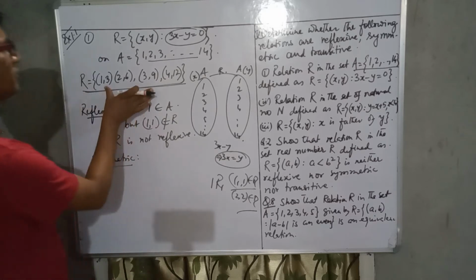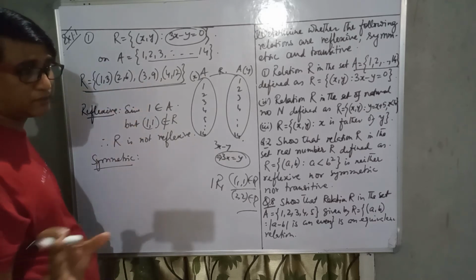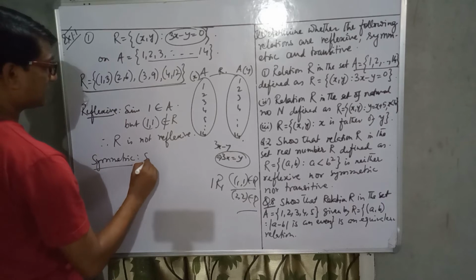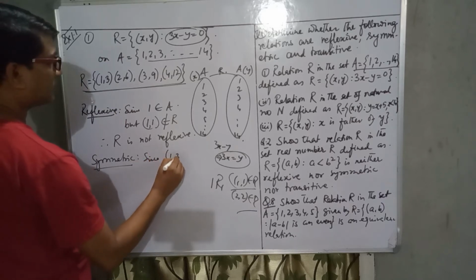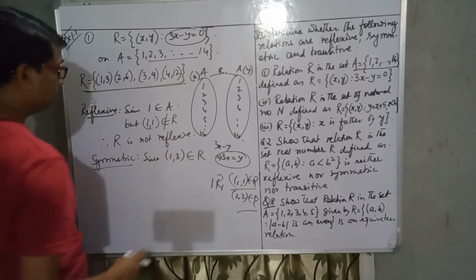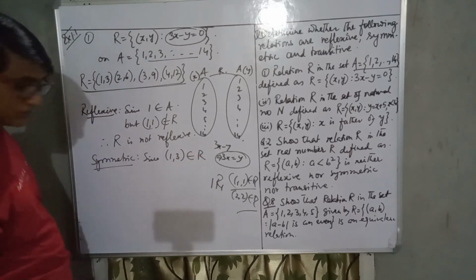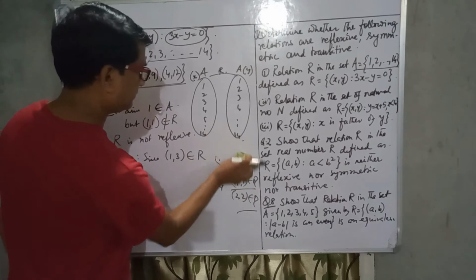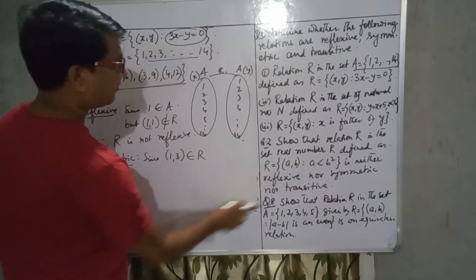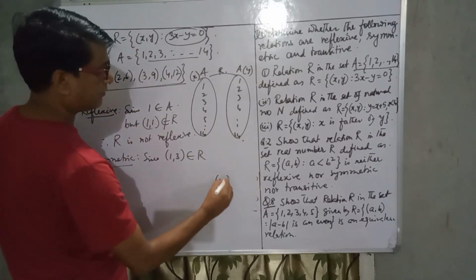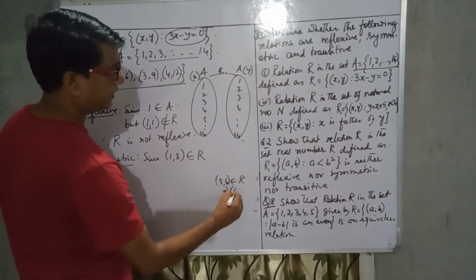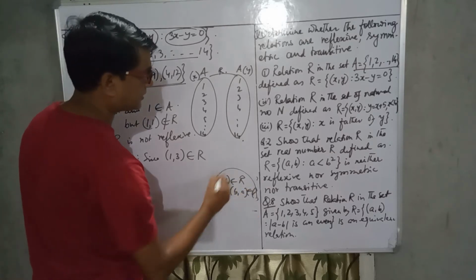Okay, symmetric. We can take any element of the relation. Since (1, 3) belongs to R. What is symmetric? If (a, b) belongs to R implies that (b, a) belongs to R, then we can say the relation is symmetric.